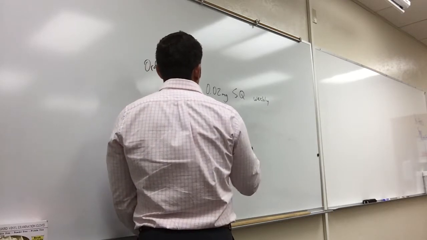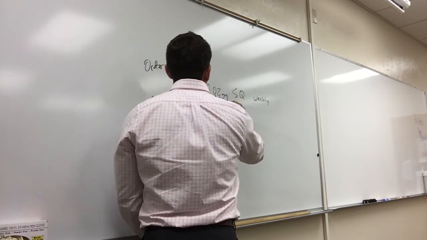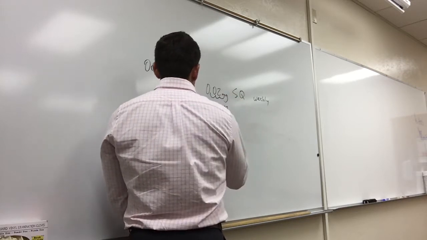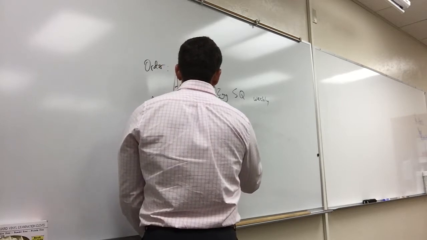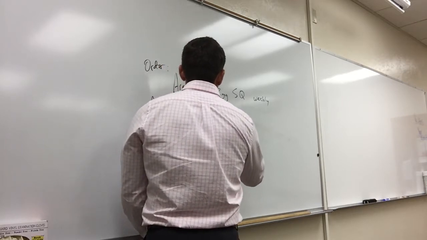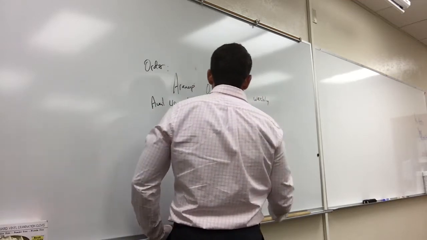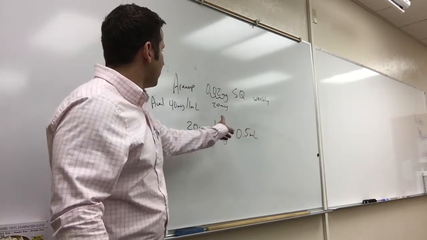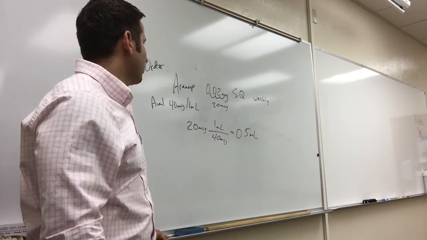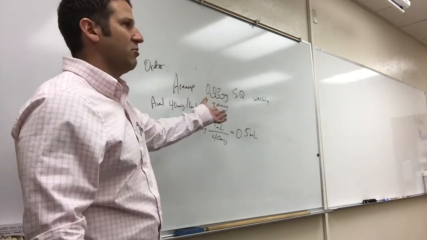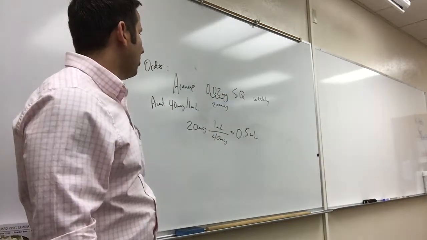If I move it 1, 2, 3, that would be 20 micrograms, divided by the available. So 20 times 1 divided by 40. That would be using just dimensional analysis by moving my decimal place, because I know how to convert in the metric system. That would be the quickest way.